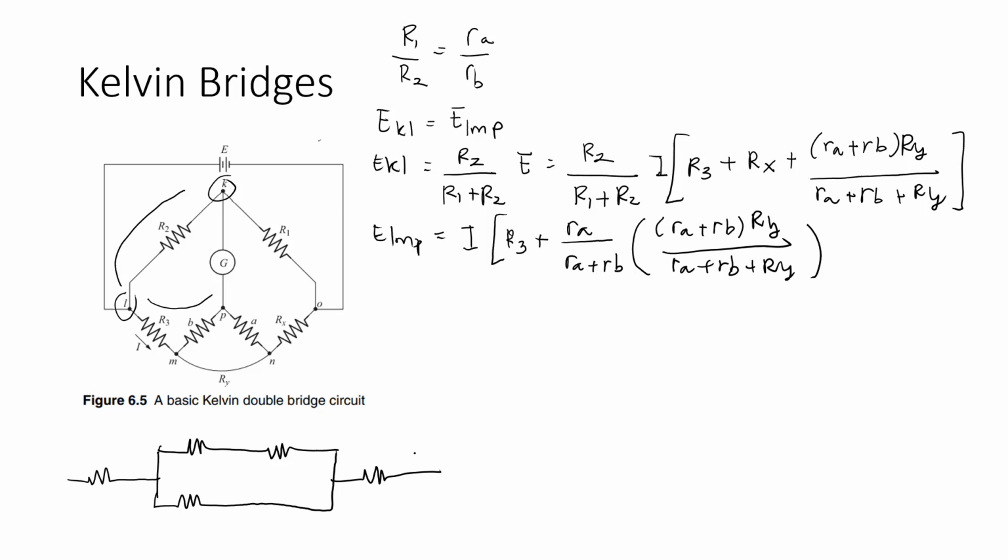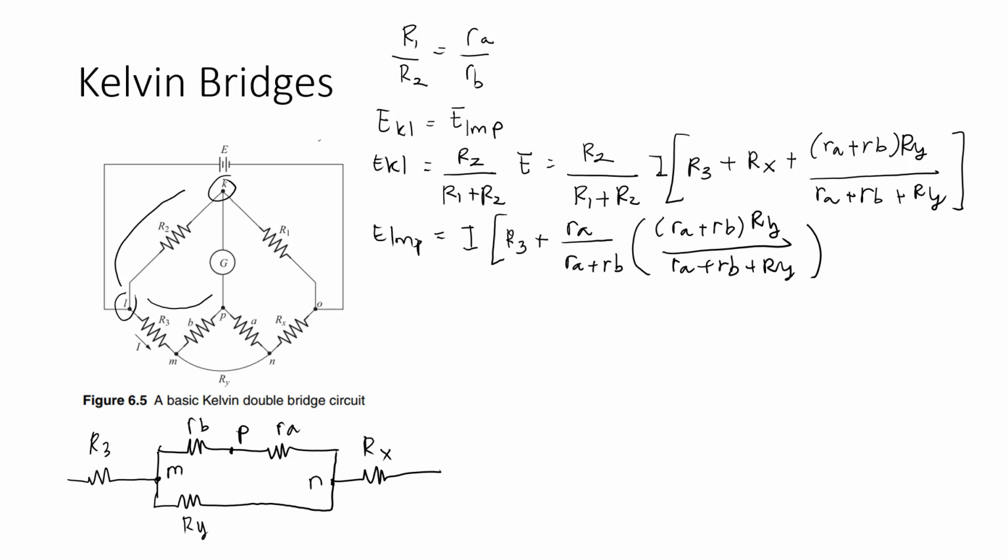Okay, this one is R3 and this is the RB, this is the RA and this is the P point, this is the M and this is the RY, this is the N and this is the Rx.